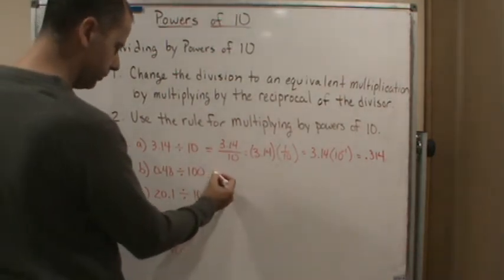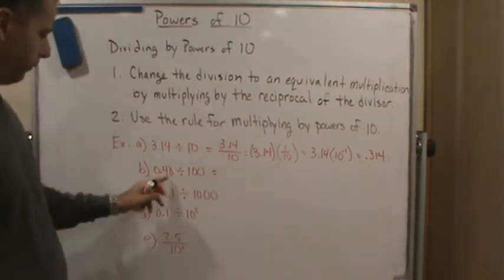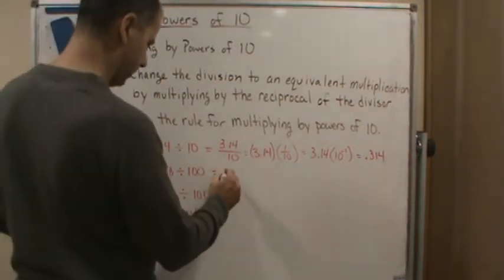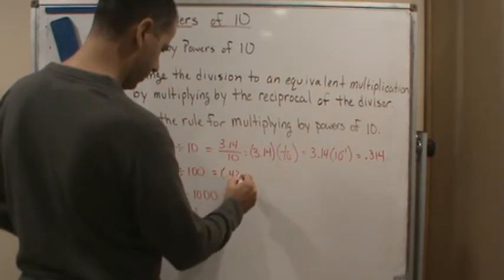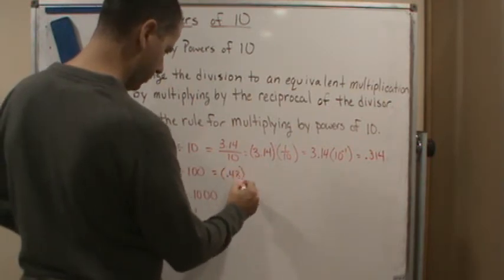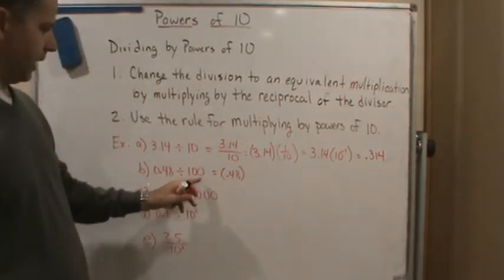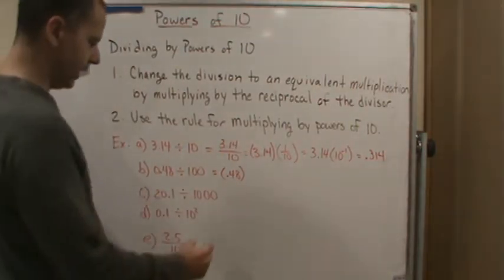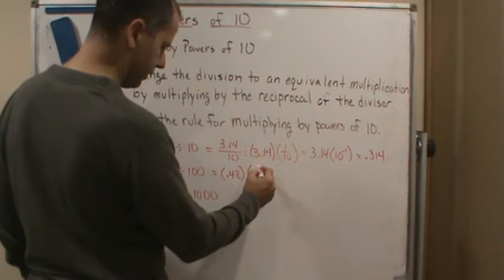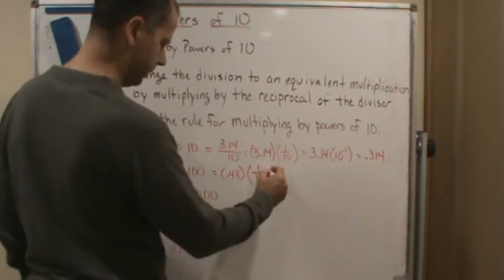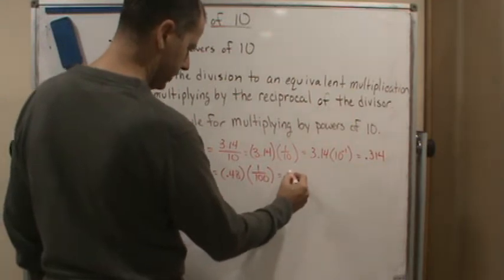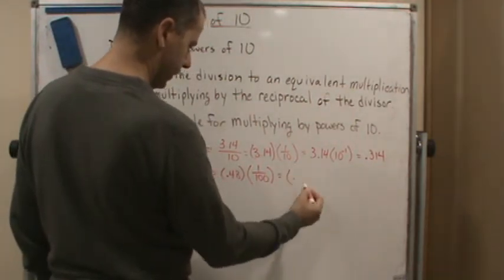Now here, what do we have? We've got 0.48 divided by 100, which again is the same as divided by 1 over 100, which is the same as multiplied by 10 to the negative 2.